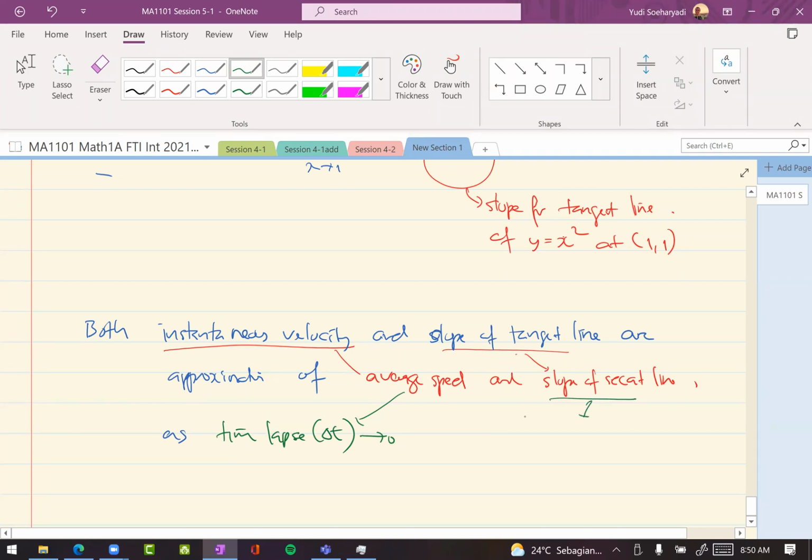So both are approximations. This is the idea of approximations.